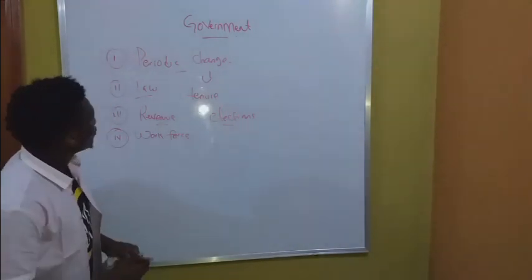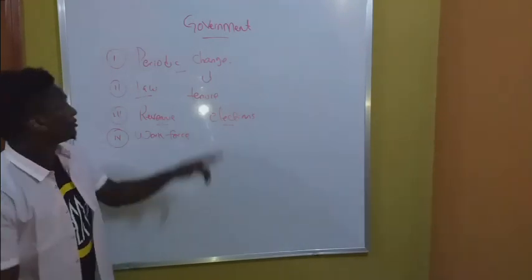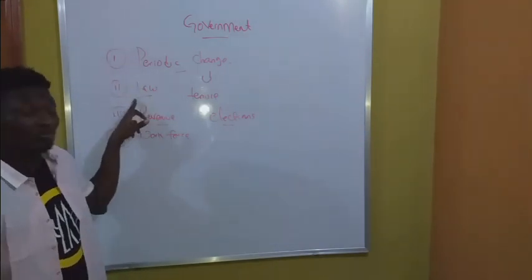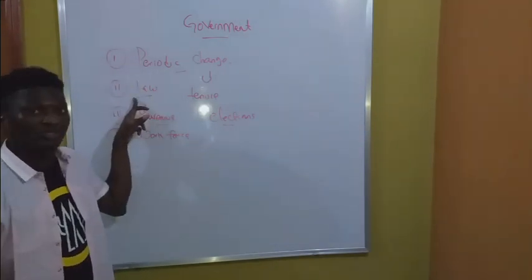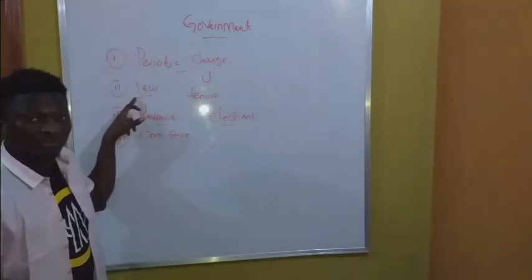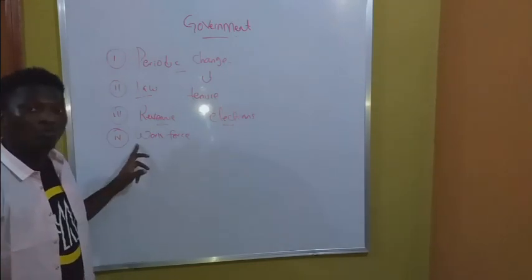Because of our time, we will dwell on these four. Attributes of government again. Number one, periodic change. Government must come and go. Number two, law, basically rules, regulations, and customs. Number three, revenue. Number four, workforce.